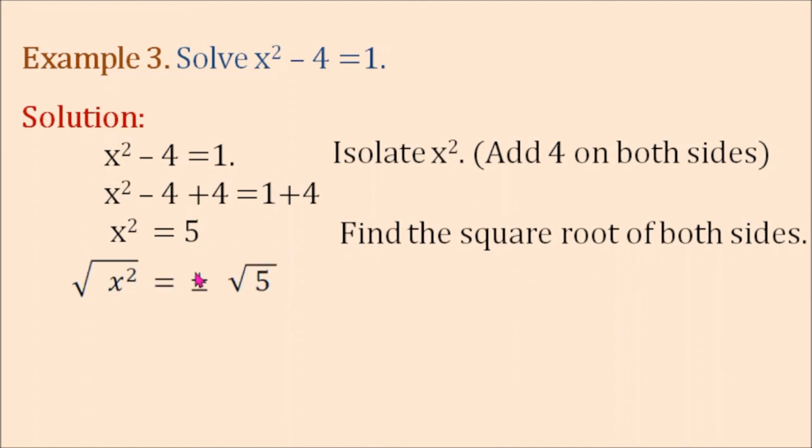Square root of x squared equals positive and negative square root of 5. And simplifying, we have x equals positive and negative square root of 5. So 5 is not a perfect square, so it stays as irrational. Then this means the roots, or the solutions, are square root of 5 and negative square root of 5.